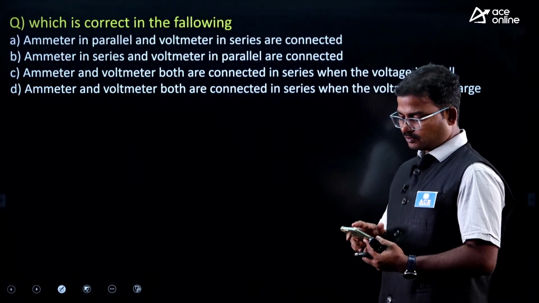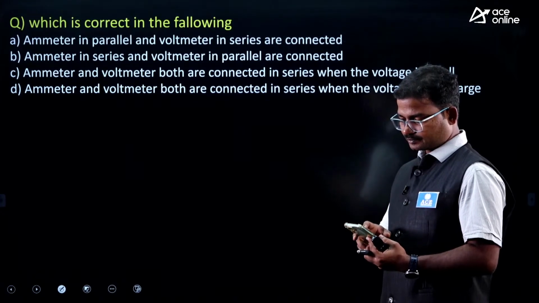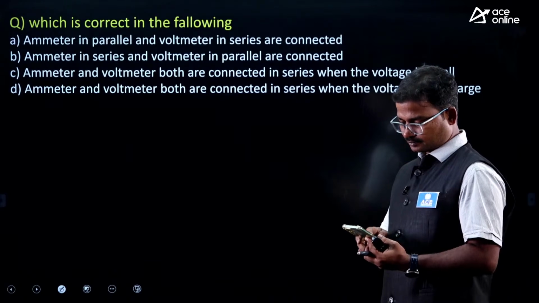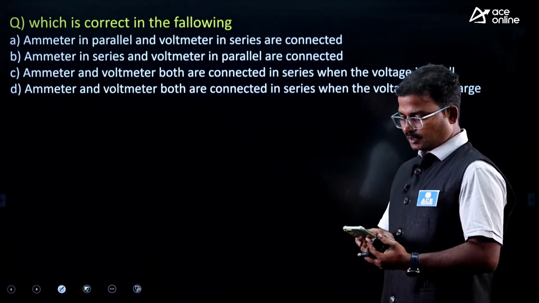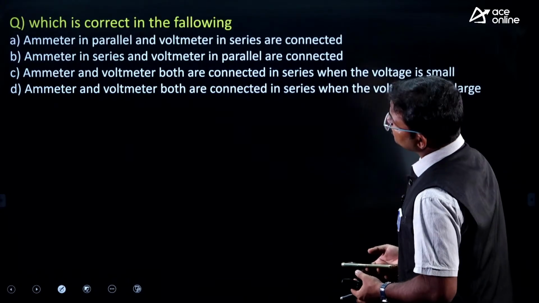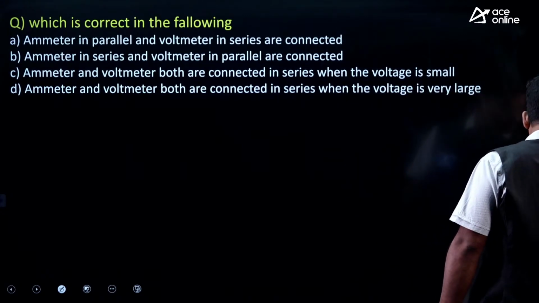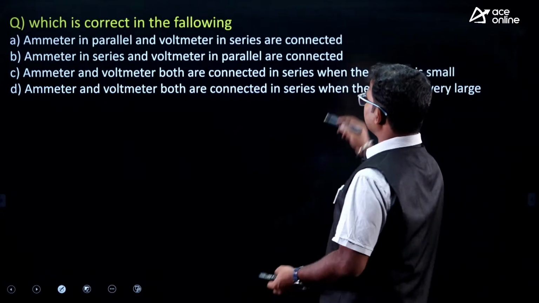So if you know the answer, please respond. Option B, ammeter in series and voltmeter in parallel, right? Of course you are right. So option B is the correct one.